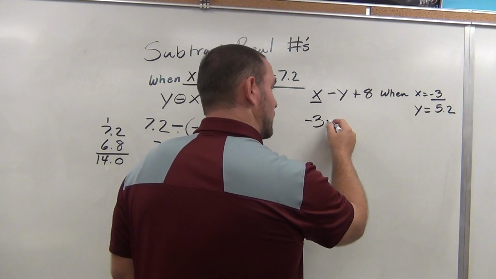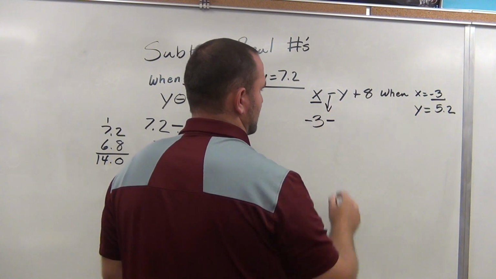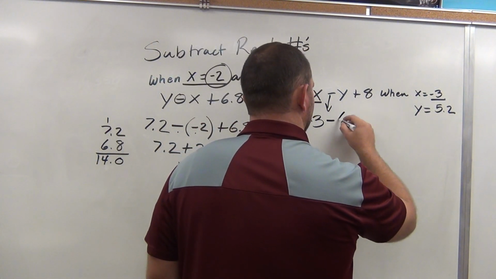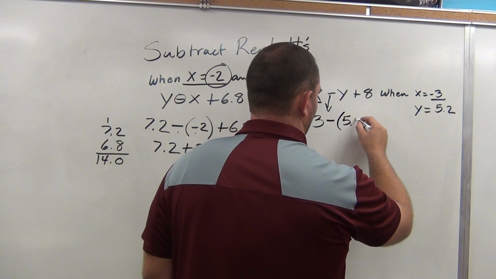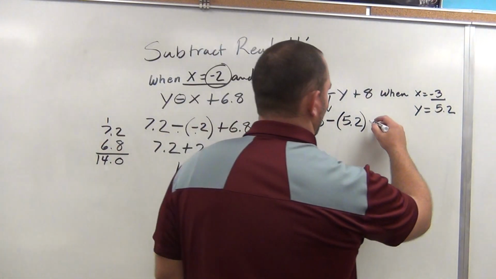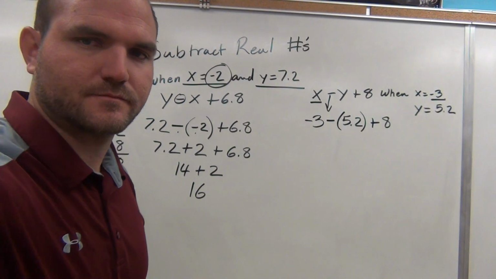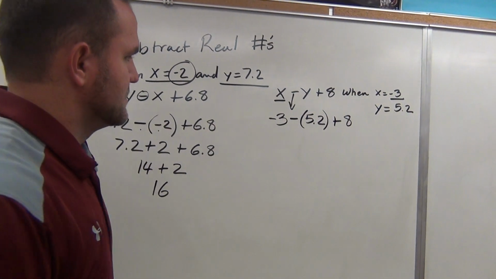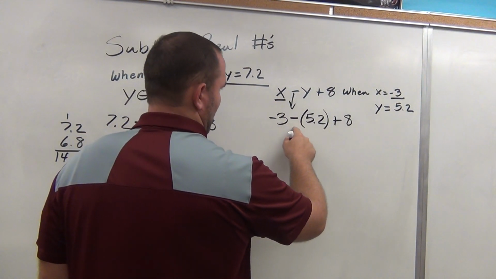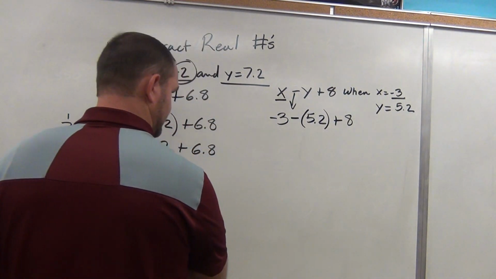Now I have a minus y, so the negative sign here needs to just drop down into our new problem. Okay? And put a parentheses if you want, or like I said, I usually tell everybody to put parentheses so that they can understand where they just plug something in at. Okay, so now I have a minus 3 minus 5.2 plus 8.